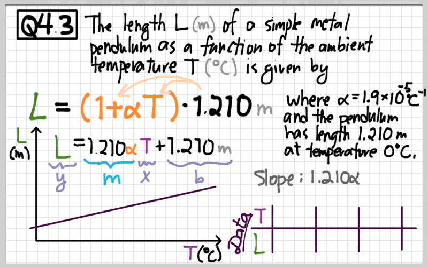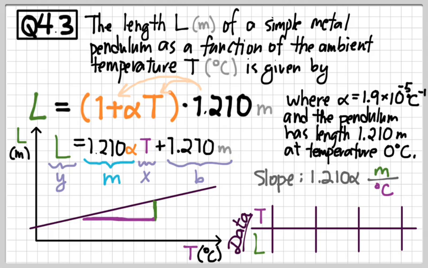So it's a vertical difference on our graph divided by the corresponding horizontal difference on our graph. So what are the units of the vertical differences on our graph? Meters. What are the units of the horizontal? Degrees Celsius. So what are the units of the slope? Meters divided by degrees Celsius.